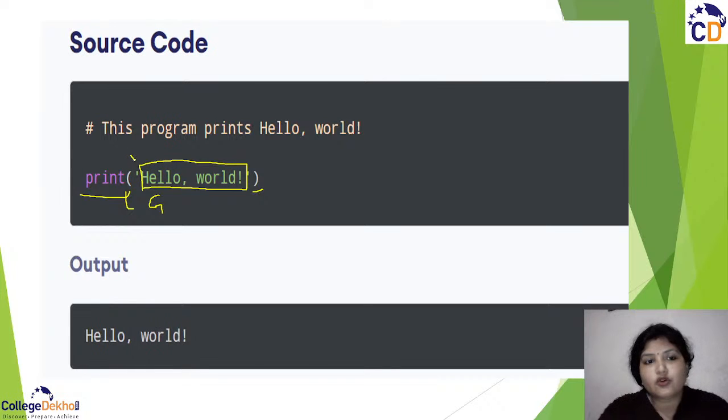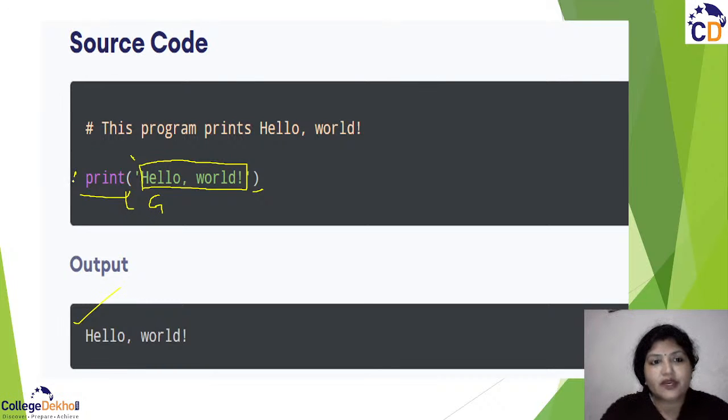double quotes or single quotes, that is enclosed in double quotes or single quotes, that is given as an output on the screen. So this is the very first part when you begin with your Python language, and that too is a print function.